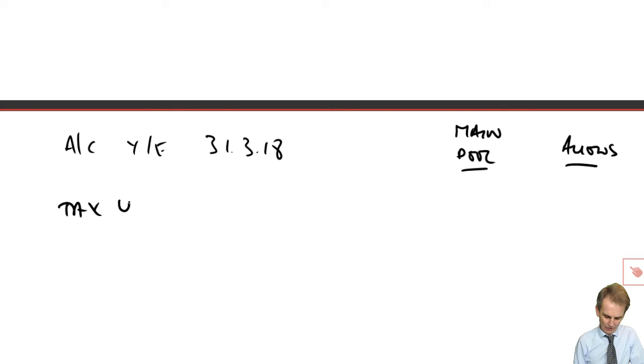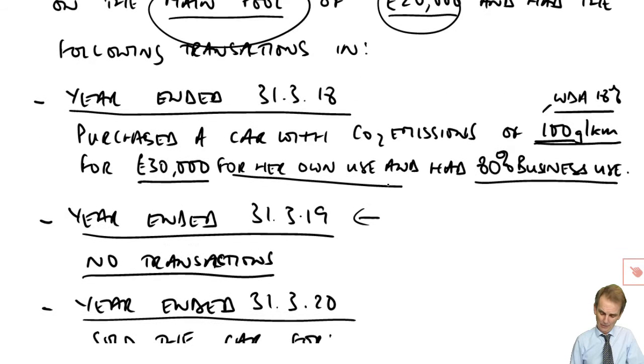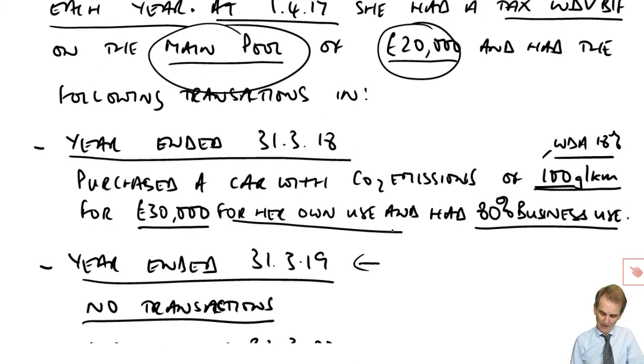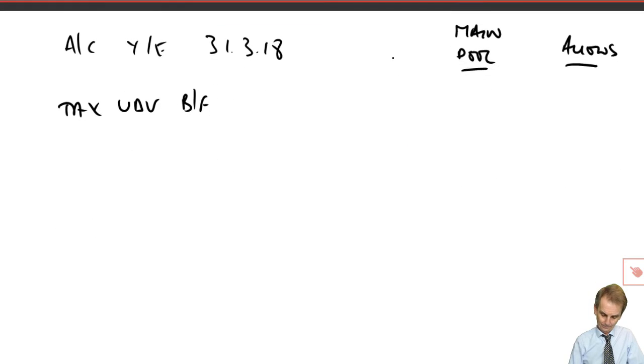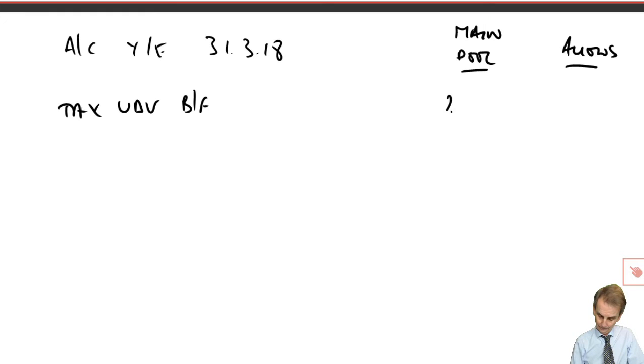So what do we have? We have our tax written down value brought forward. That was at the 1st of April 17. Let me just remind myself, what was that figure? That was £20,000. We then look for additions. Are there any additions that rank for AIA?